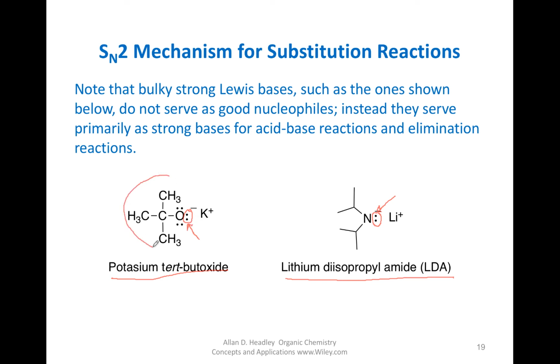But they are pretty bulky, as you can see here. So they are not good nucleophiles for SN2 reactions. And that's why they're used primarily for elimination reactions to give the less substituted alkenes. So you will never want to use potassium butoxide or LDA as your nucleophile. Never want to do that. Too bulky and it's too strong a base.